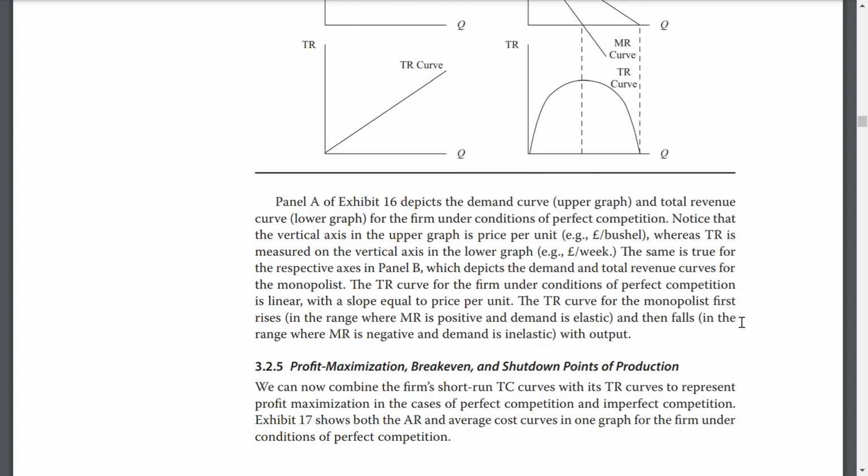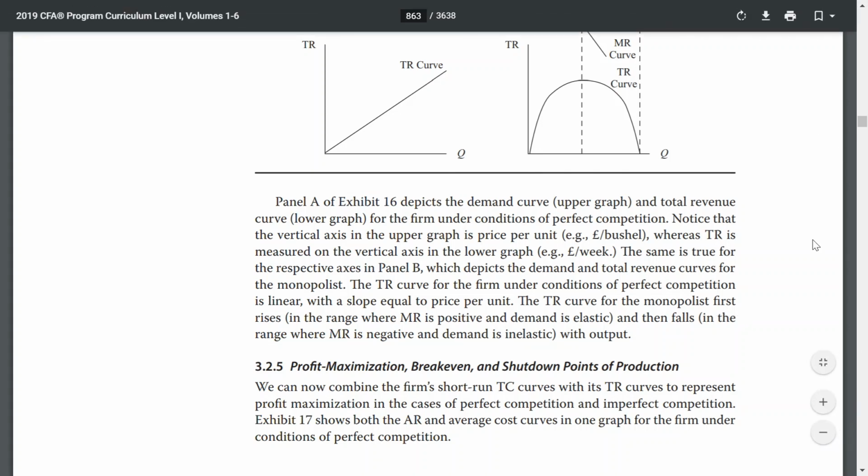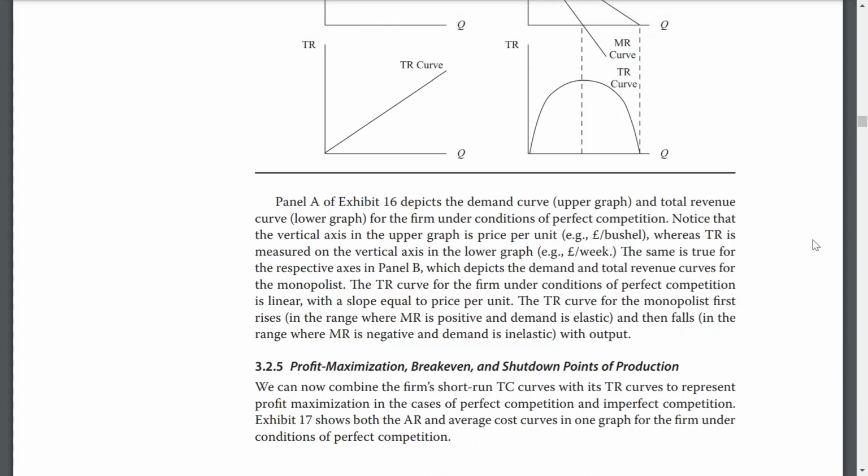Panel A of Exhibit 16 depicts the demand curve, the upper graph, and the total revenue curve, the lower graph, for the firm under conditions of perfect competition. Notice that the vertical axis in the upper graph is price per unit, e.g. pounds per bushel, whereas total revenue is measured on the vertical axis in the lower graph, e.g. pounds per week. The same is true for the respective axes of panel B, which depicts the demand and total revenue curves for the monopolist.